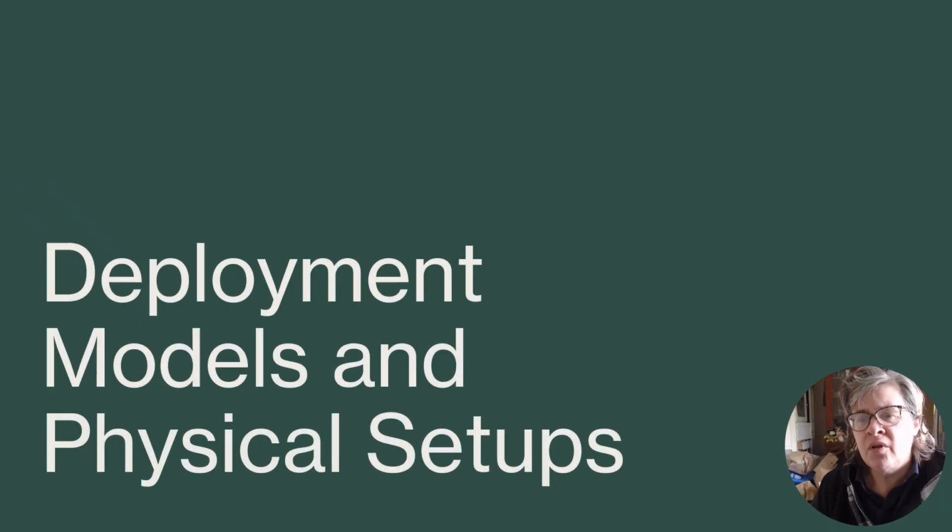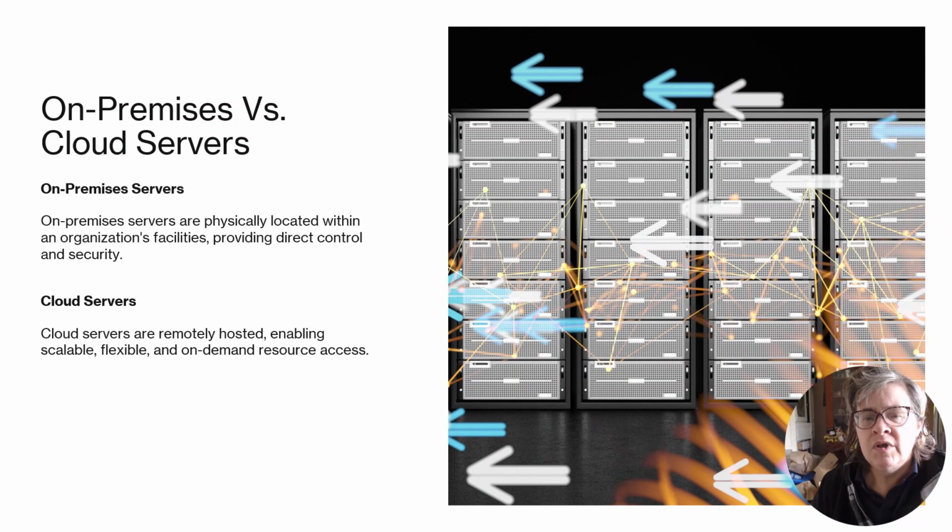Servers can be deployed on premises or in the cloud, and come in physical forms such as dedicated, shared, blade and rack-mounted servers. On-premises servers are physically located within an organization, while cloud servers are hosted remotely, offering scalability and flexibility.